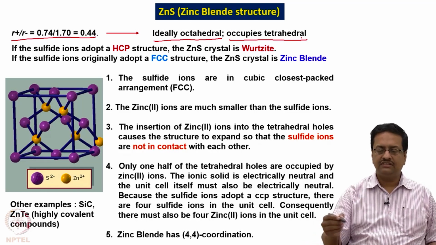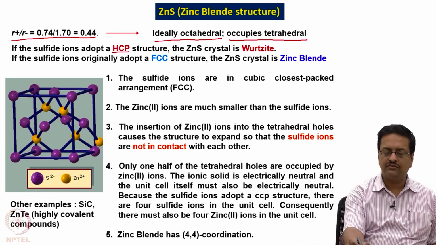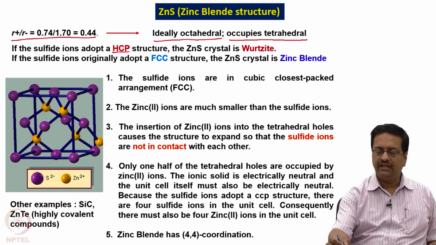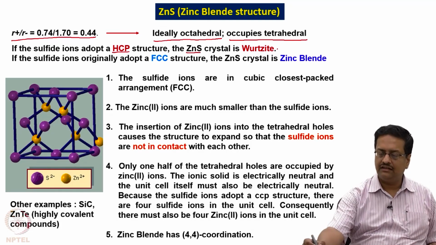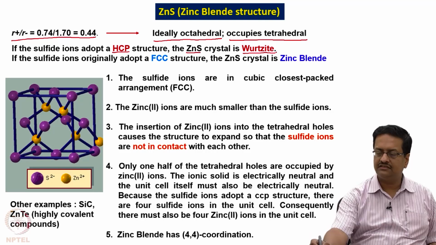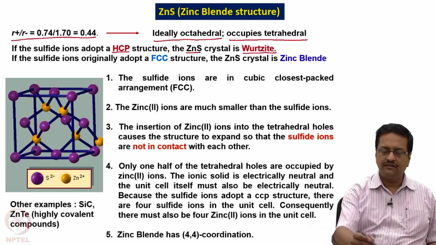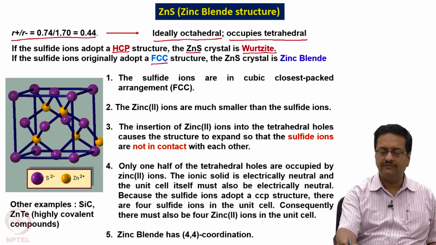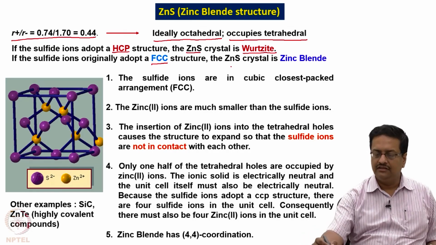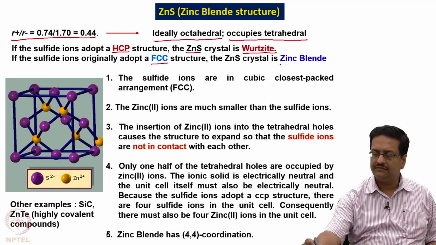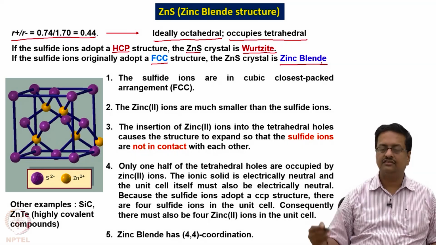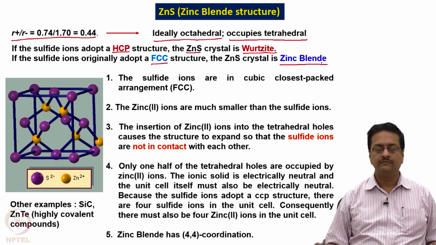Now, if the sulfide ions adopt the hexagonal close pack structure, then the structure of zinc sulfide is called the wurtzite structure. If the sulfide ions adopt a face centered lattice, then this particular zinc sulfide crystal structure is called the zinc blende structure.